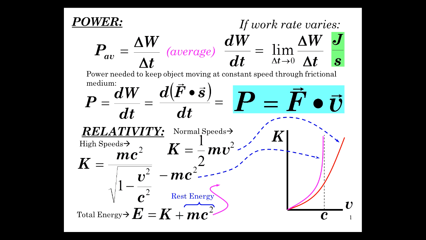So if we add the kinetic energy and mc squared, these cancel, and you simply get mc squared over the square root of 1 minus v squared over c squared. It's the total energy contained in a moving object with relativistic considerations imposed upon it.